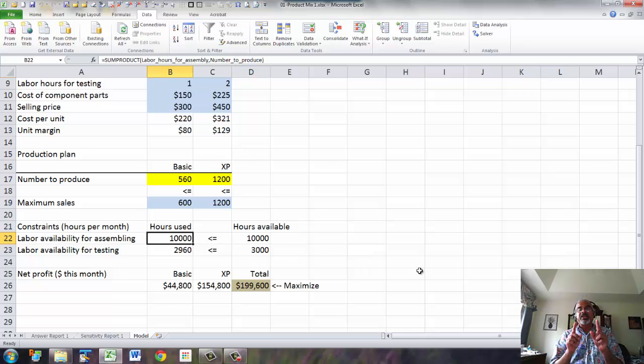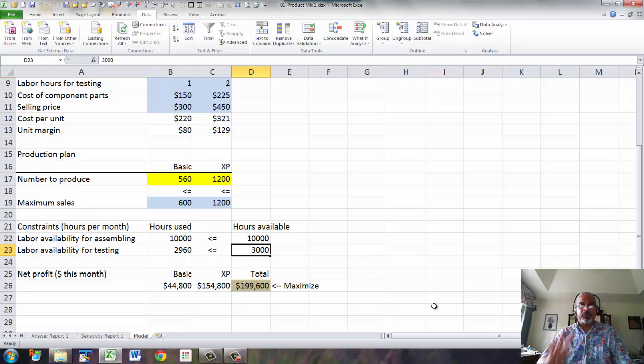So that means that constraint is binding. Whereas testing hours, we are only using 2960 of the available 3000. So there is a 40-hour slack. There is a gap of 40 hours of unused labor, and that's called slack.